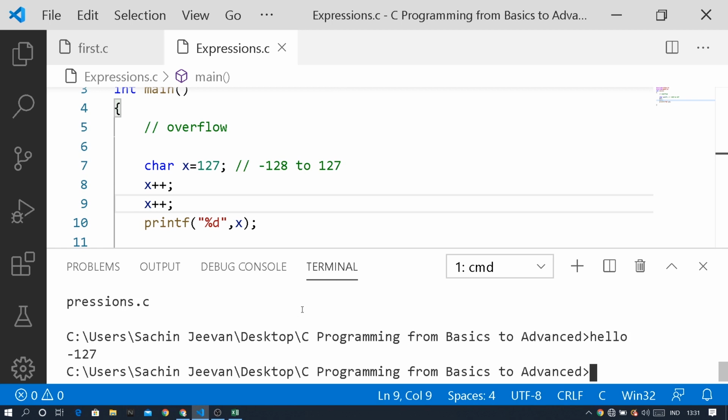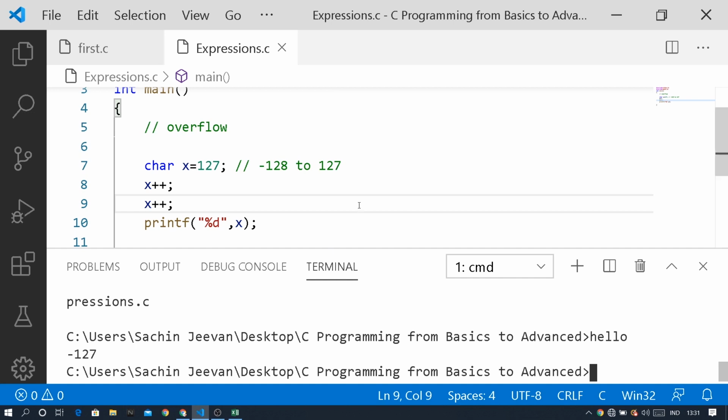This is not only applicable to character, it is applicable to any data type, integer, everything. When the highest limit is something and you try to store more than that, then overflow will happen and you will come back to the negative side. And if we try to decrement from the negative side, then you will automatically reach the highest end, the positive side. So it's completely cyclic.